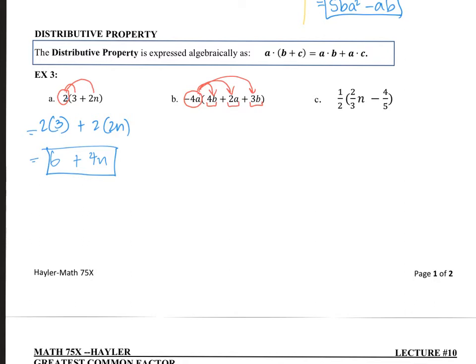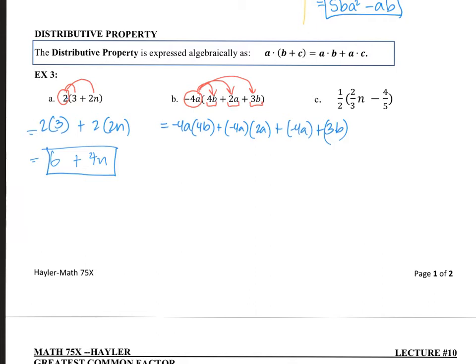So let's go ahead and write this out. So that's negative 4a times 4b plus negative 4a times 2a. Ooh, we're running out of space here. Plus negative 4a plus 3b. Oh, I definitely ran out of space there.